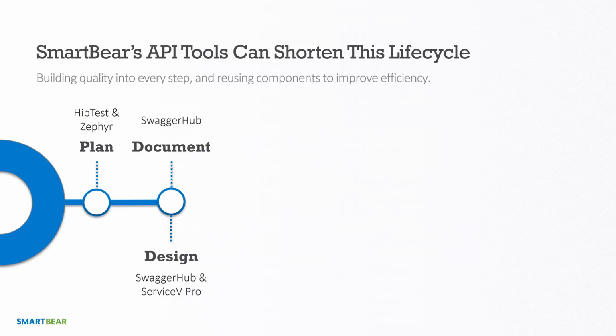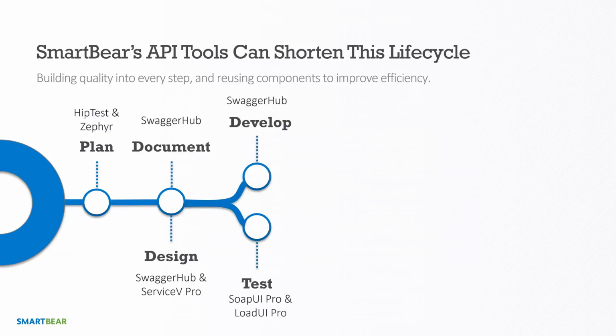What we're talking about today is this next portion, where we can test and develop at the same time, thanks to our use of virtualization and ServiceV Pro. Once that spec is virtualized, we can start doing multiple things at once and really deliver in a shorter manner and get feedback quicker as well.